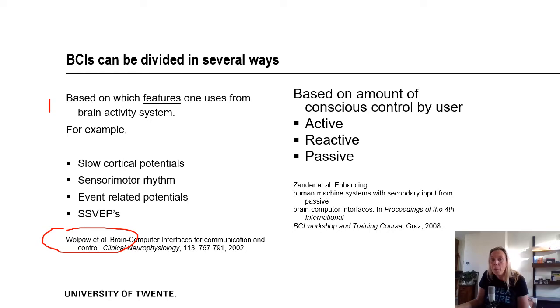I will give one example per brain-computer interface, and then I hope it becomes clear to you. This distinction is based on the amount of conscious control by the user. What do we mean by that?